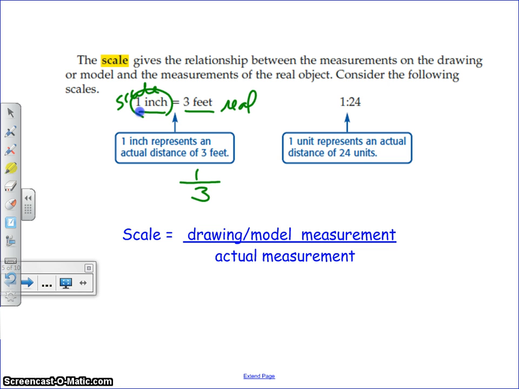It could be written like that, meaning 1 unit represents a distance of 24 units. So say 1 inch on the drawing actually represents 24 miles. Remember, scale is the drawing or model measurement over the actual measurement. And we're going to be working with that ratio in this.